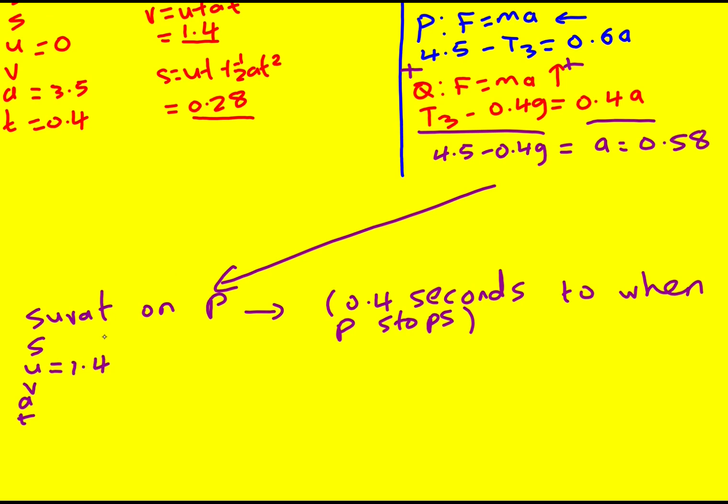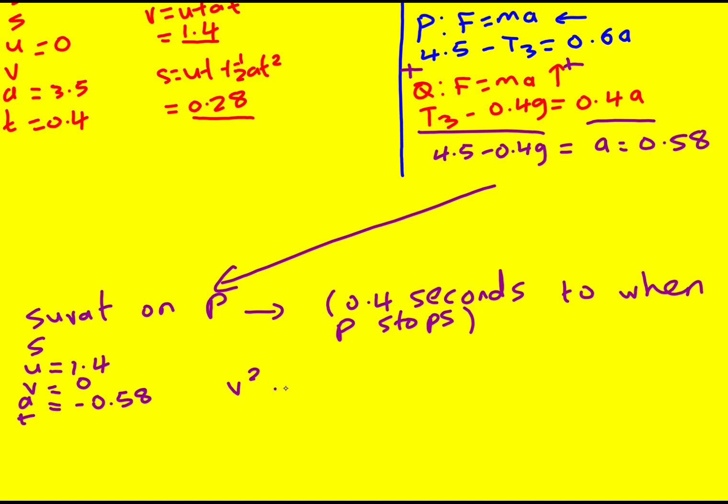My initial velocity in the second phase of Suvat is the final velocity from the first phase. The string breaks, it's going at 1.4 at the end of it. It's still going to be going at 1.4 at the start of the second phase with this new acceleration. A is going to be minus 0.58 if I'm applying Suvat to the right, and V is going to be 0.